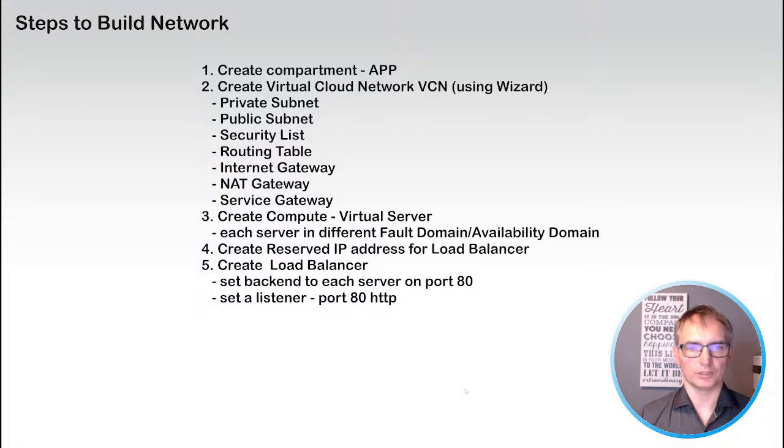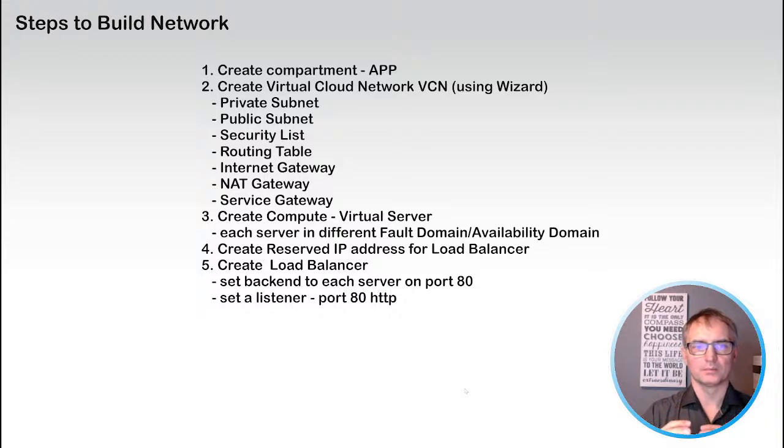Private subnet is the internal network which doesn't have a connectivity with outside. It means from outside, from public, you cannot connect to the private network. Private subnet can go to the public through the NAT gateway.